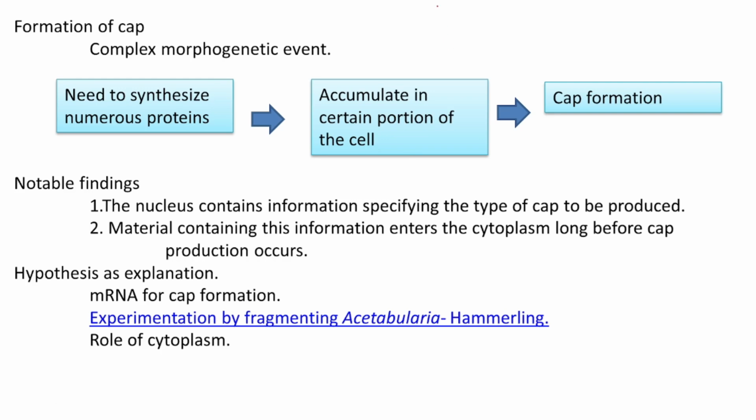I told you that in the first experiment, Hammerling transferred the nucleus from Acetabularia mediterranea to Acetabularia granulata. I'm going to draw the picture of Acetabularia mediterranea. It is carrying a round cap, and the scientist transferred its nucleus to Acetabularia granulata.